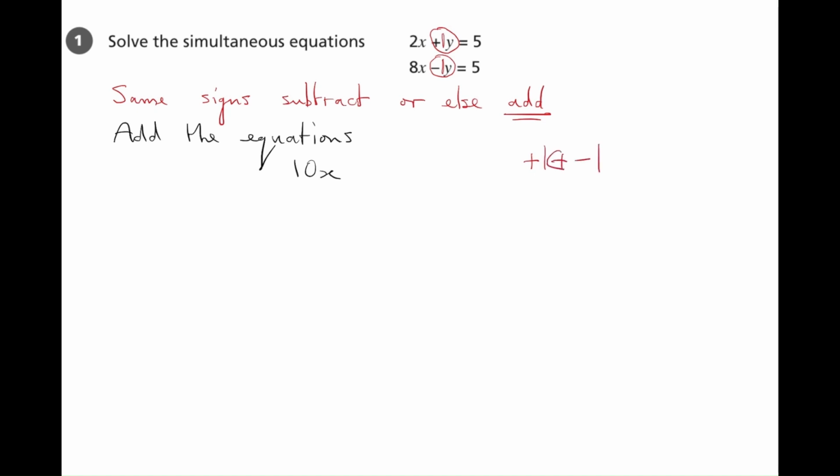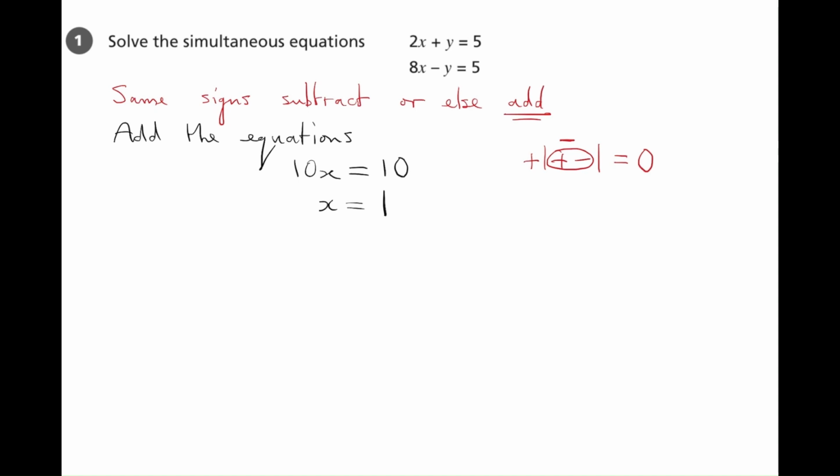If we have a plus and a minus next to each other, that means minus. So we've got plus 1, take away 1, which is 0. So the y's vanish. We then reach the equal sign, so we write that down. And then we have the numbers on the right hand side, 5 add 5, and that gives us 10. So 10x is equal to 10, so clearly x will equal 1.